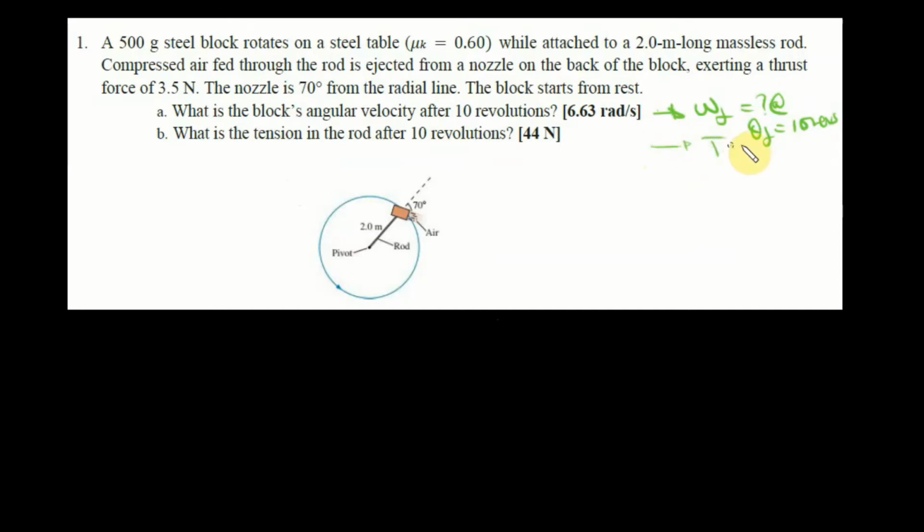B is asking for the tension at the same position. Now looking at our diagram, we'll take that as our thrust force in that direction, making an angle of gamma. Let's call the angle gamma.